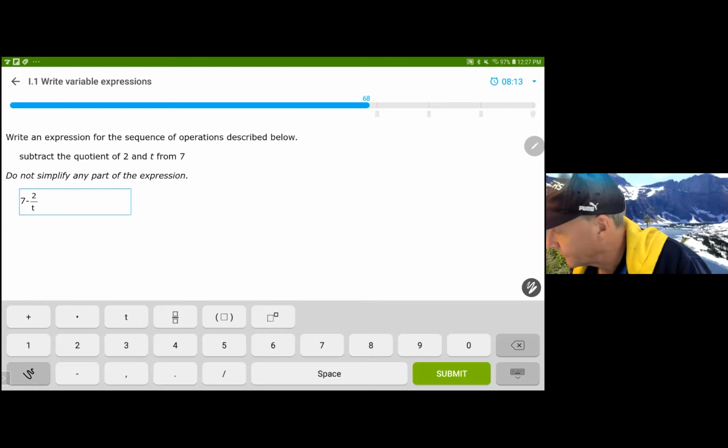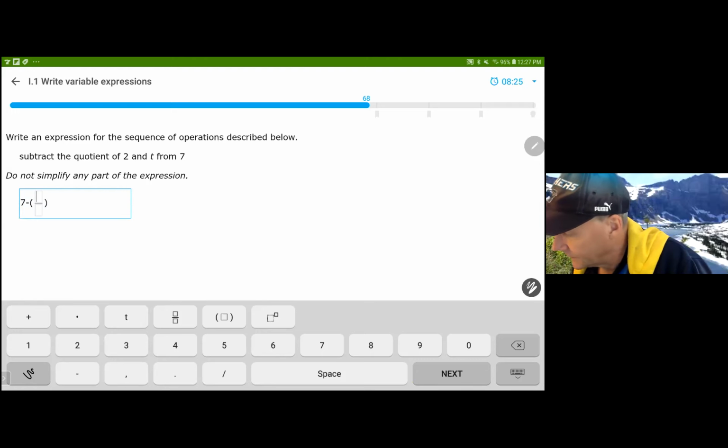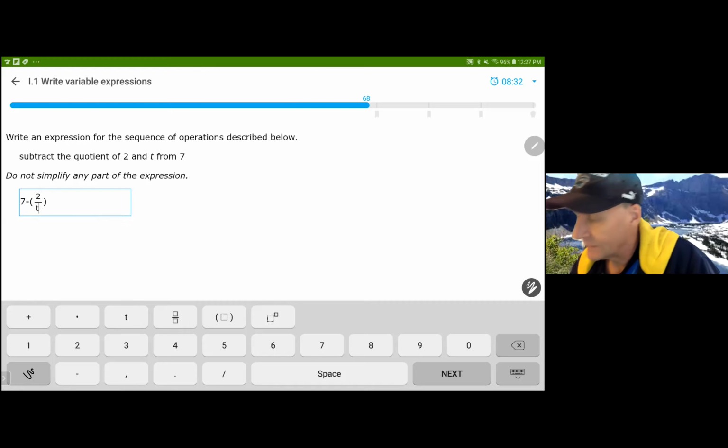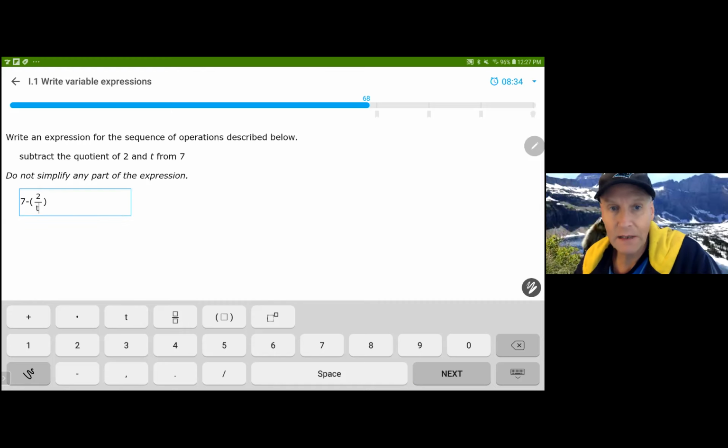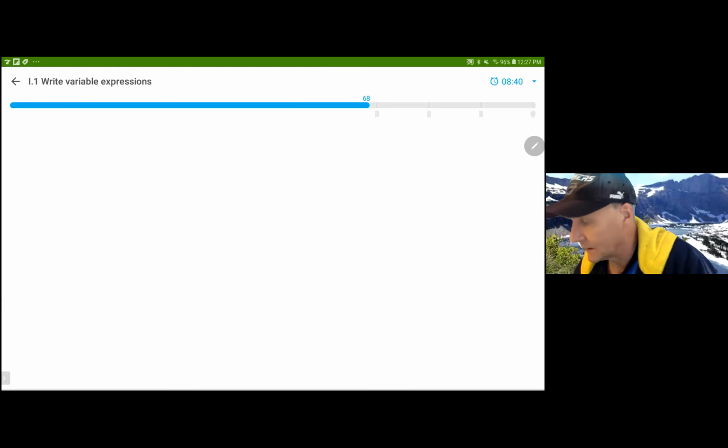It is better to put parentheses around any time you see product, quotient, difference, or sum. Then I put the 2 and t, 2 divided by t. In this particular case, it really didn't matter, but it's a really good habit to get into. Let's see if they allow it on the program. They may not.